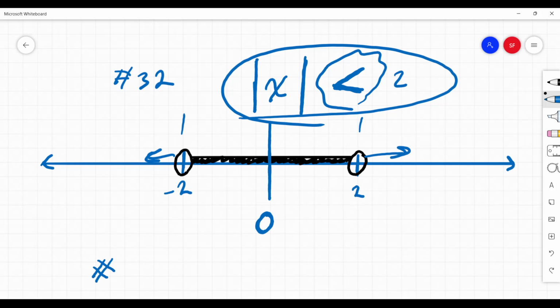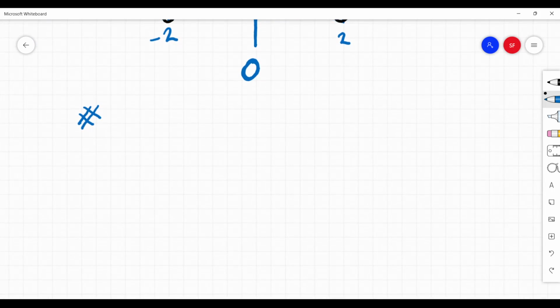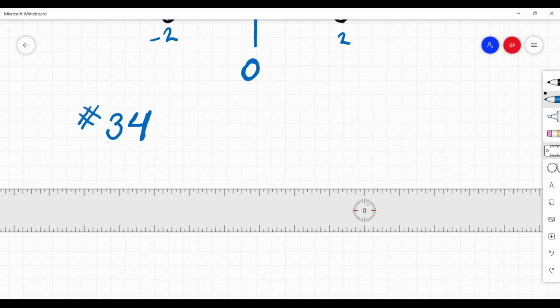Let's look at number 34 for comparison's sake, because number 34 changes both variables. So let's look at it real quick.